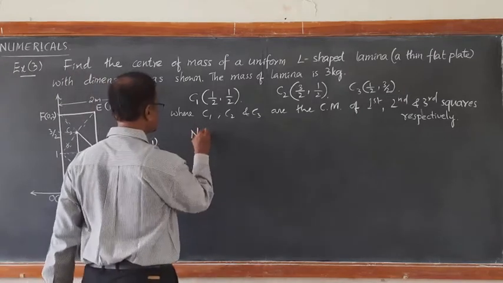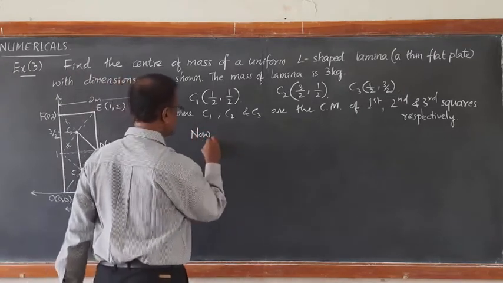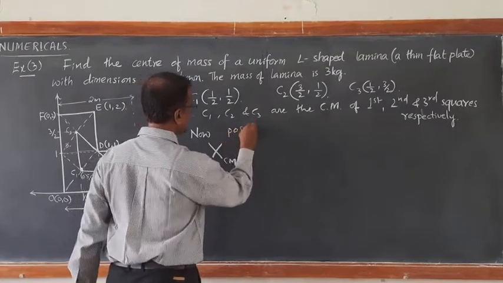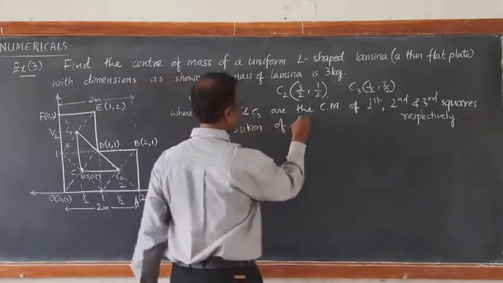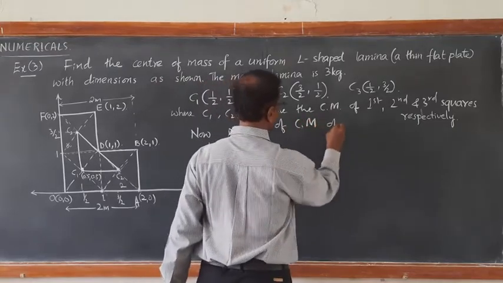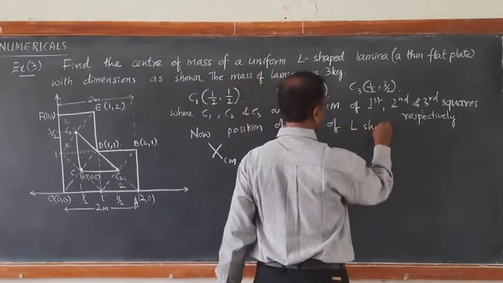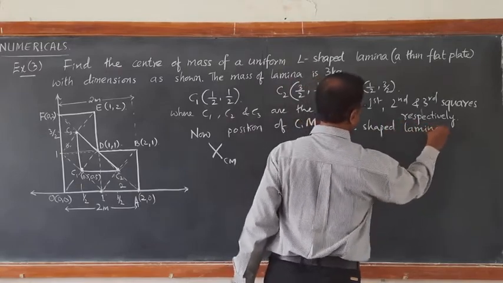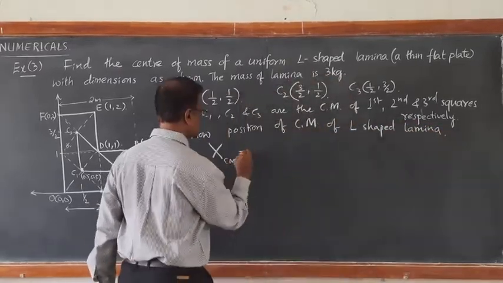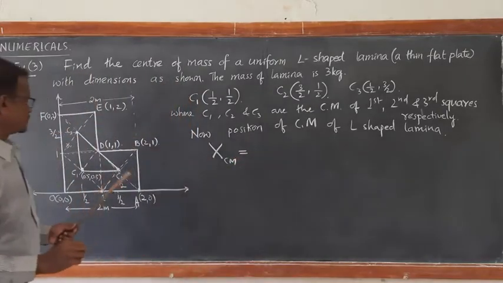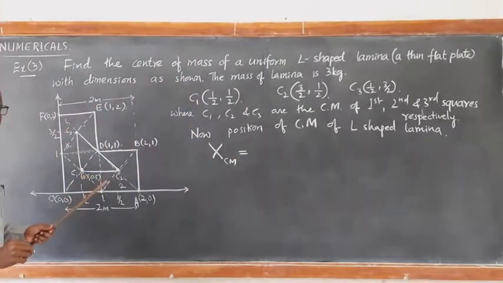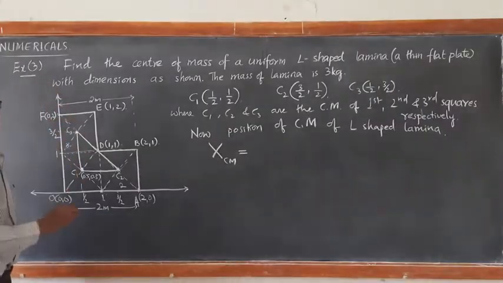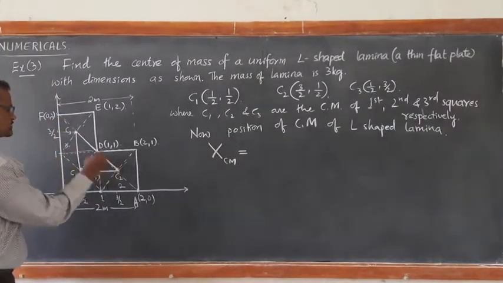Now, the x coordinate of center of mass. We are finding the position of the center of mass of the given L-shaped lamina. XCM is equal to, we will consider this as again a system of three particles C1, C2, C3.